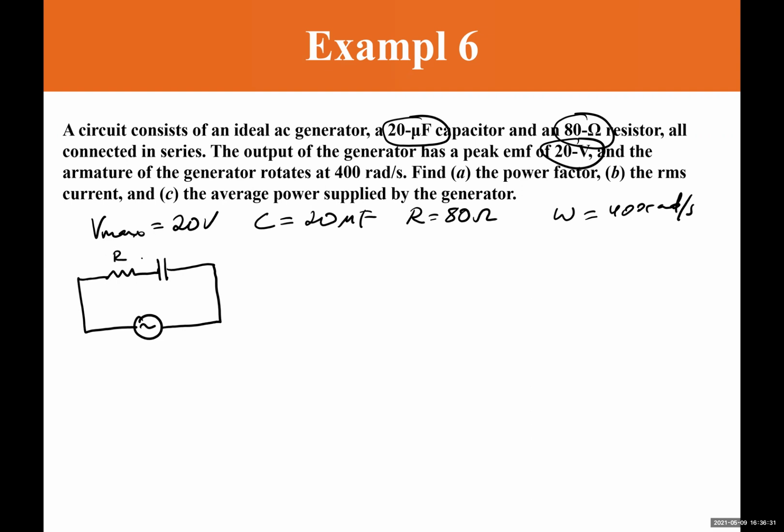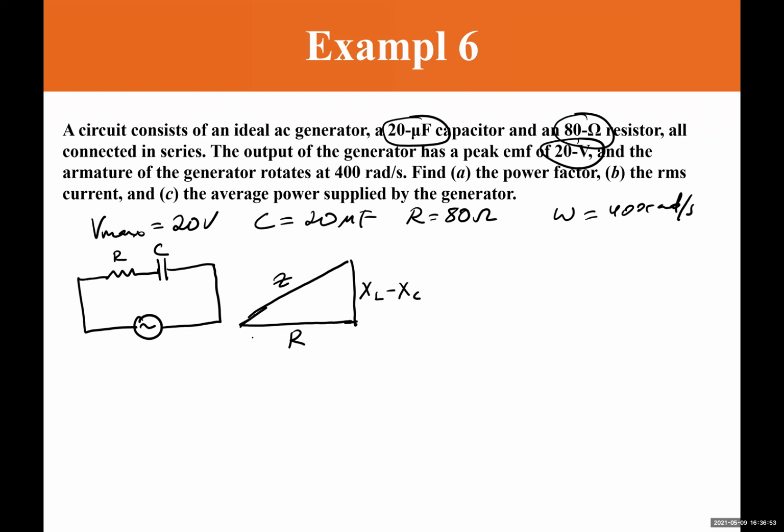This is R and this is the C, and the diagram for this can be like that. We can look at it in terms of R and X sub L minus X sub C, and this is the impedance.